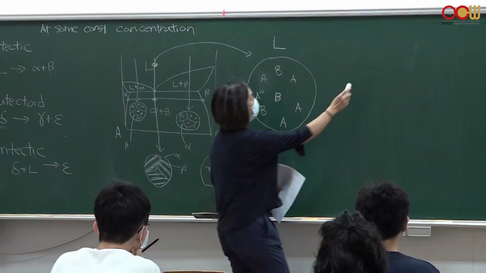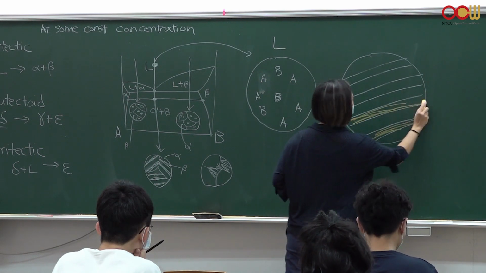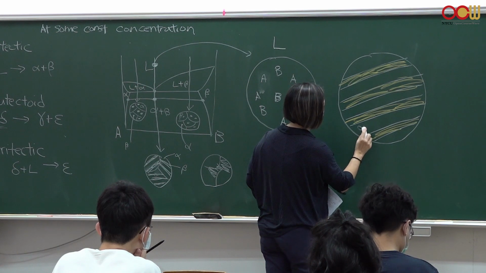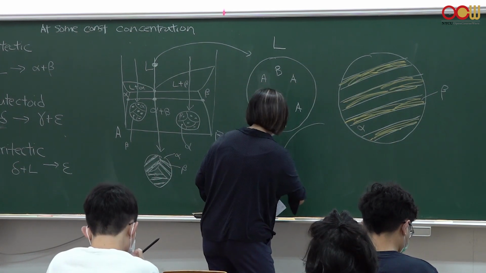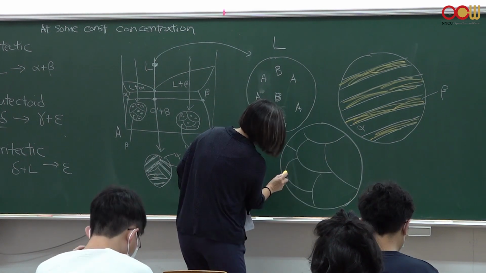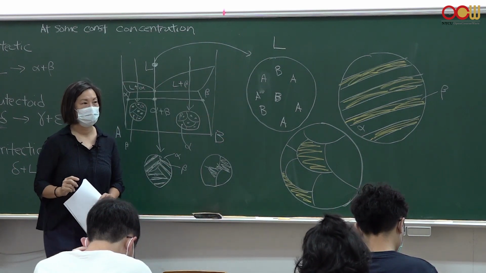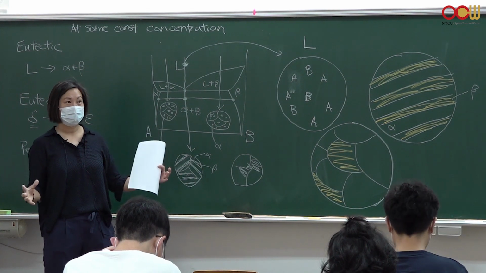So if we have something like this, let's say the B is all the yellow. So this is my alpha, and this is my beta. And then if I have a different microstructure, so maybe it's like this, and this is my B, something like that. I have these two options to form alpha and beta simultaneously.